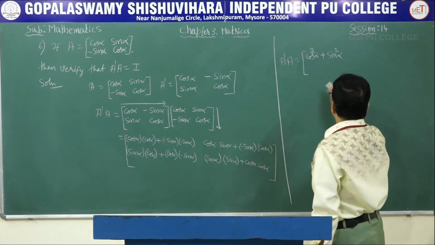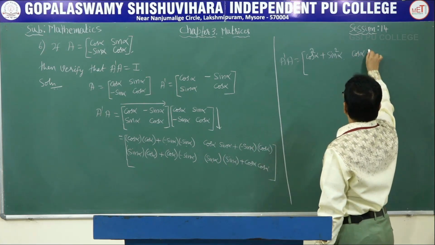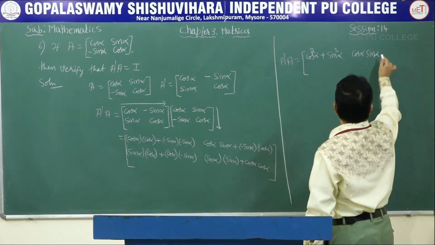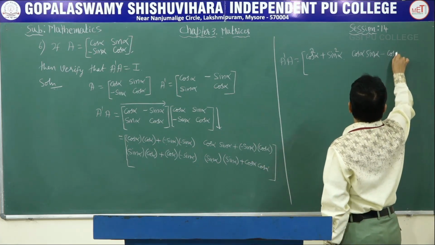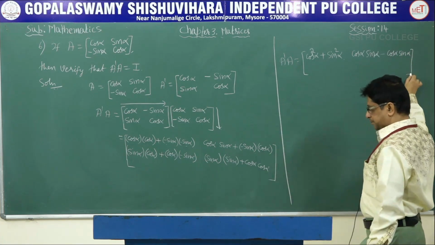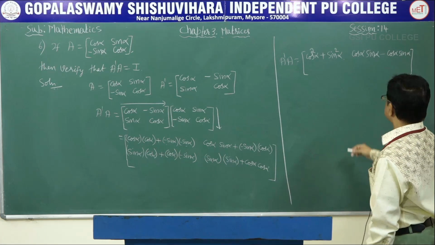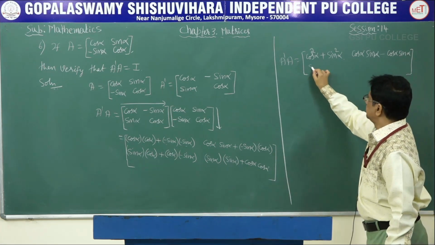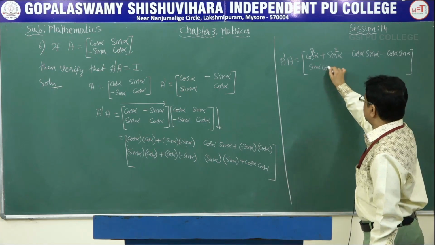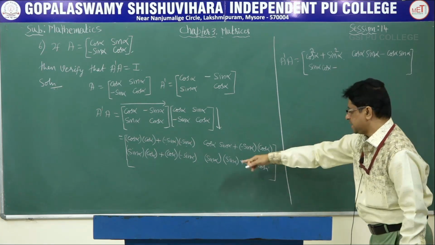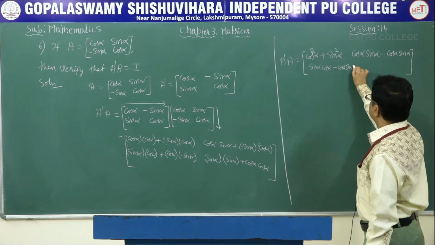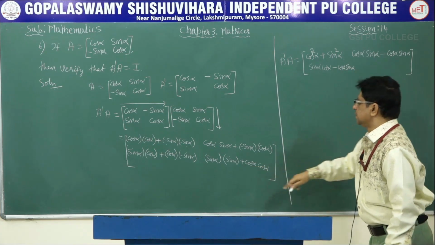Then cos alpha into sin alpha plus into minus minus cos alpha into sin alpha. Next, sin alpha into cos alpha minus cos alpha into sin alpha.